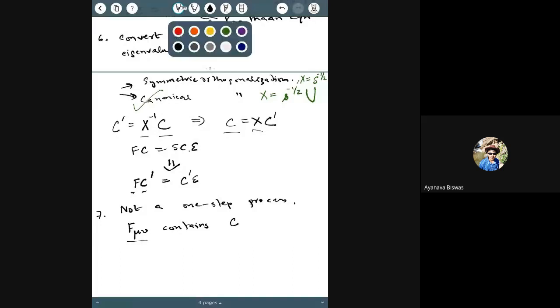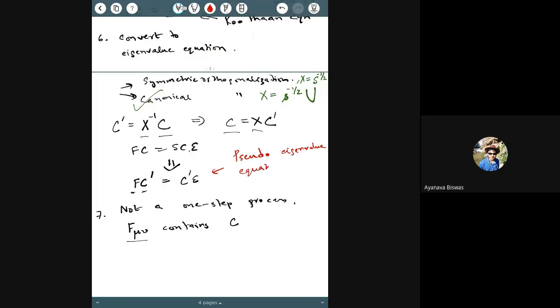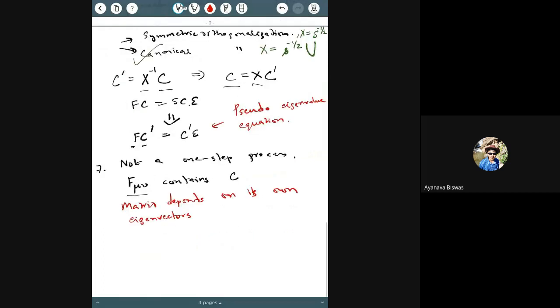So that is why this is called a pseudo eigenvalue equation, because the matrix depends on its own eigenvectors. So one diagonalization is not enough to solve it.